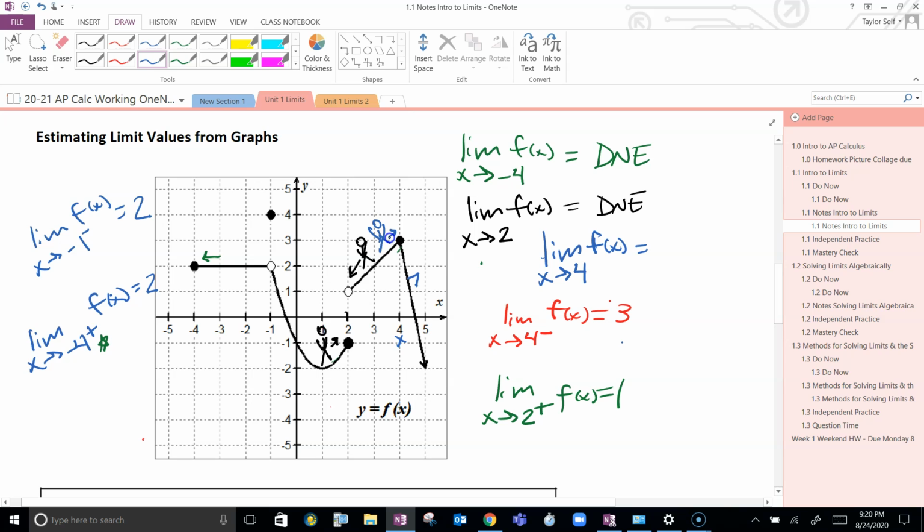So I'm going to put myself on the line, coming from the right and from the left. Is the person on the right and the person on the left, are they both approaching the same height? Yes, they're both approaching this point, and they're going to meet at x equals 4. They're going to meet at the same height. That height is 3, so that general limit equals 3.